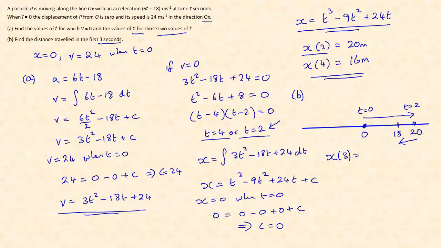So the distance travelled, it's gone out here to 20, and then it's come back another 2. So it's travelled 20 plus 2, so x of 3 was 18 meters, and then the distance travelled is 22 meters.